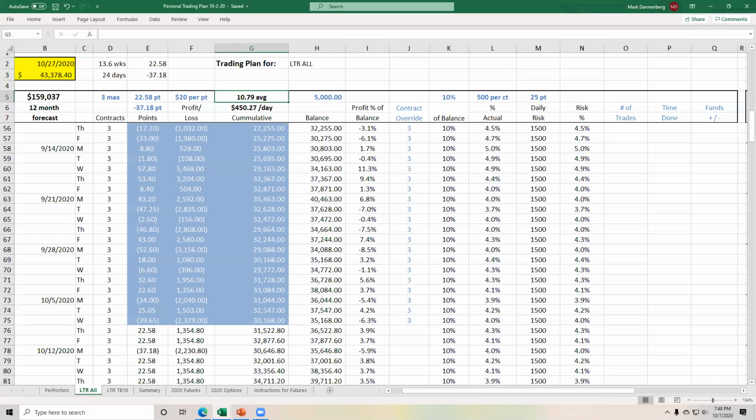Paul's asking, is there a separate service to get text alerts? We do not currently have an alert service, Paul. We've had alert services in the past. They were all built around options trading. We don't see that we would have an alert service anytime in the near future for futures trading, just because of how rapid fire some of these trades are.